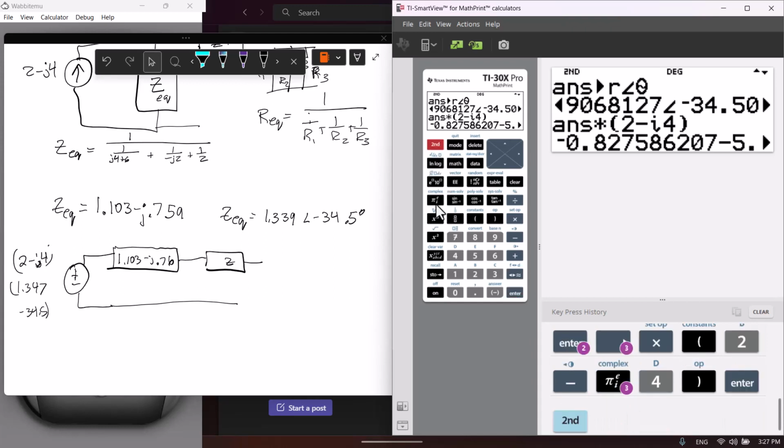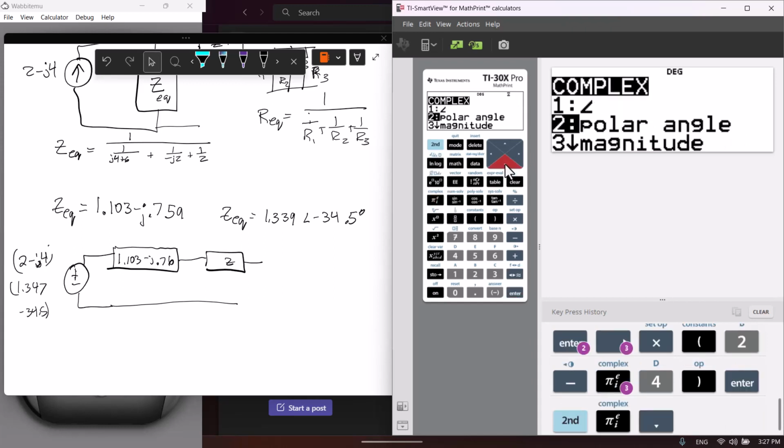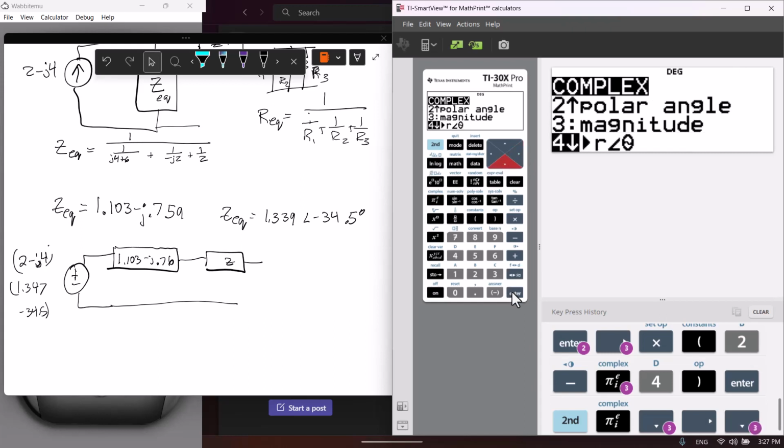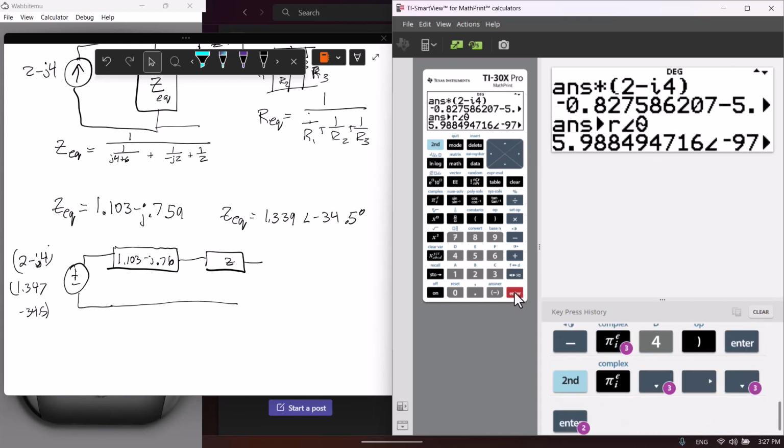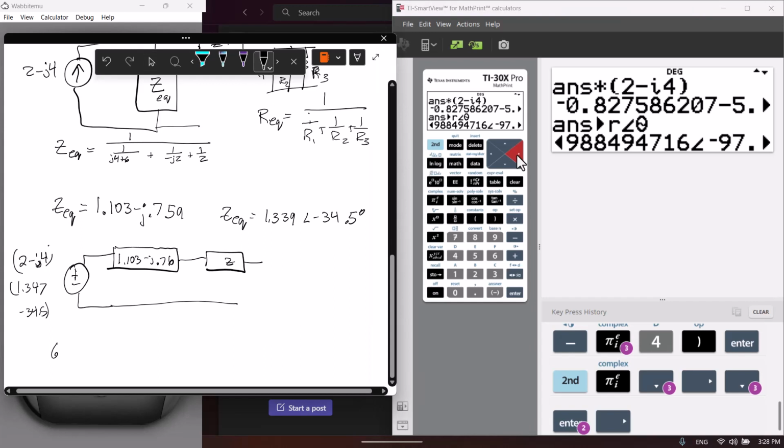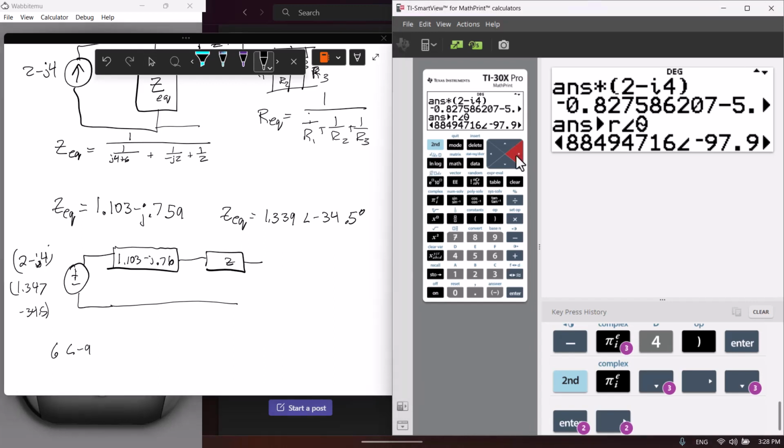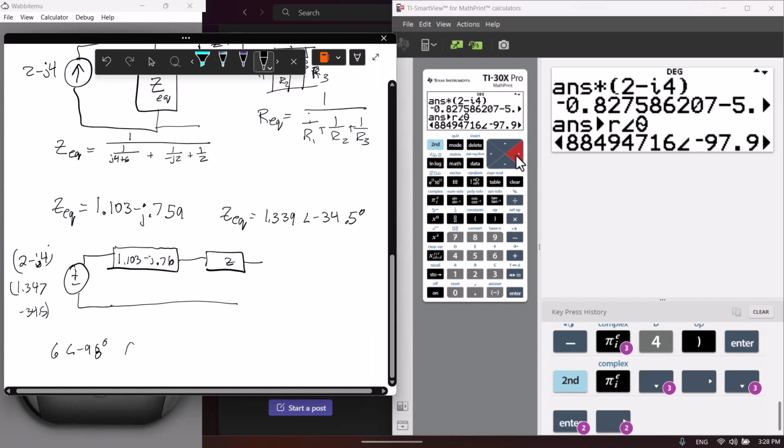I'll change that to polar. Is about 6. So 6 angle negative 98 degrees is my voltage source.